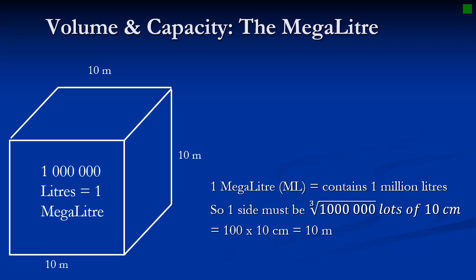If I want to think about the megaliter, now a megaliter is 1,000,000 litres. So that's quite big. So we've got 10 metres by 10 metres by 10 metres. One side must be the cube root of 1,000,000 lots of 10 centimetres. So in this case, it's 100 times 10 centimetres to be 10 metres for each of the sides.